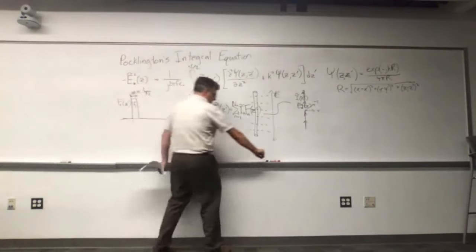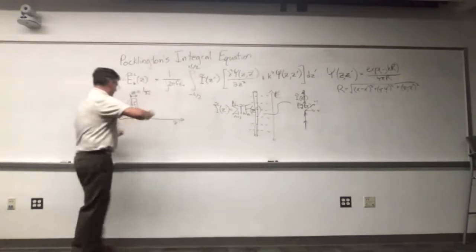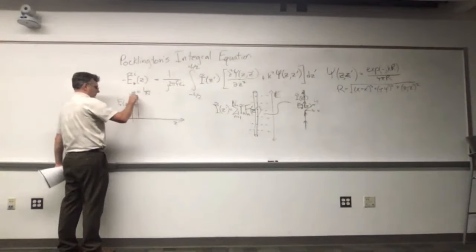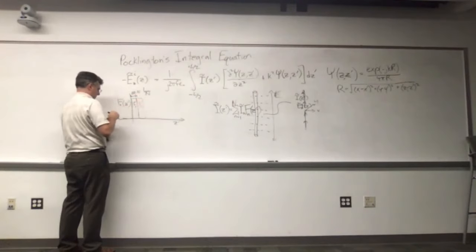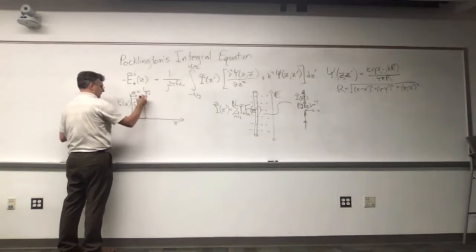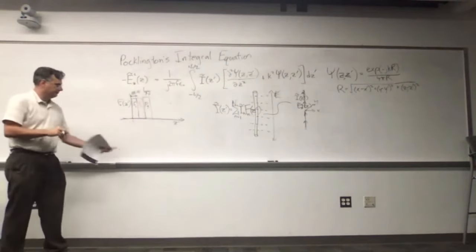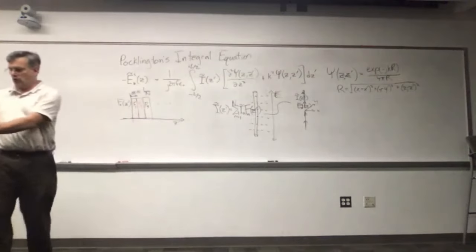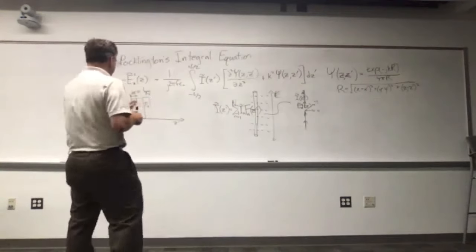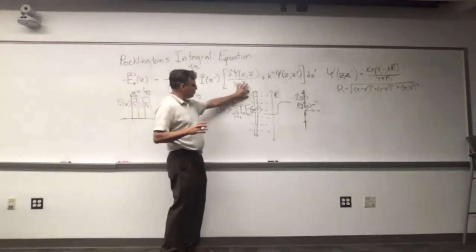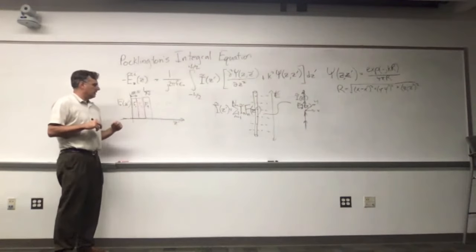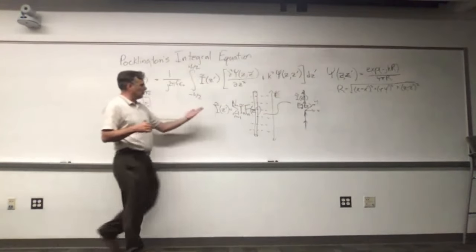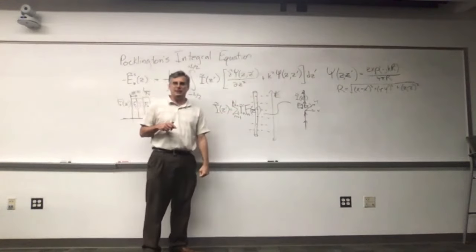And then this would be f sub 2. This would be f sub 3, and so on and so on. So we are using these discretized chunks of wire, and these helper functions basically turn on and off the various samples of I sub n.